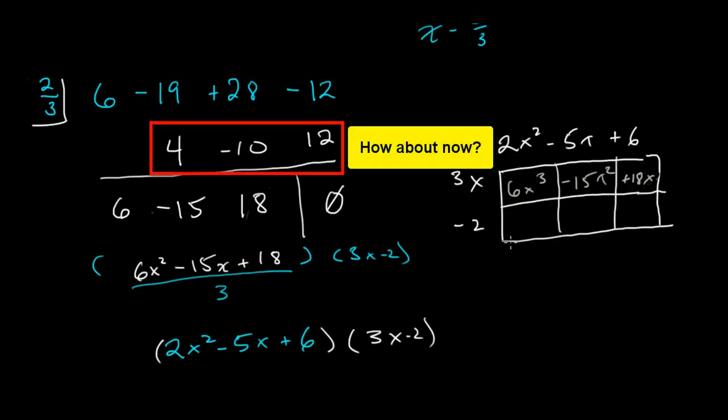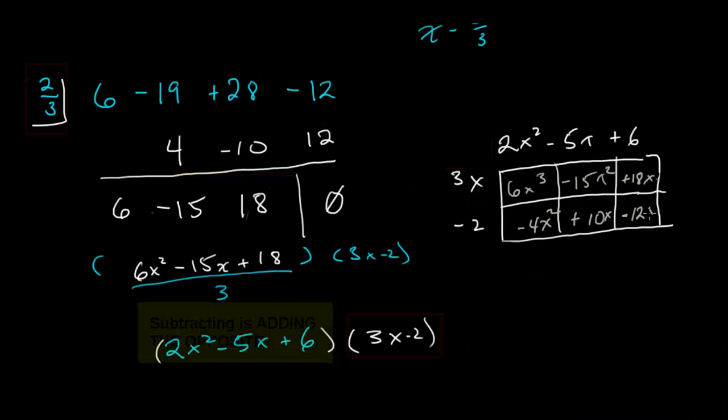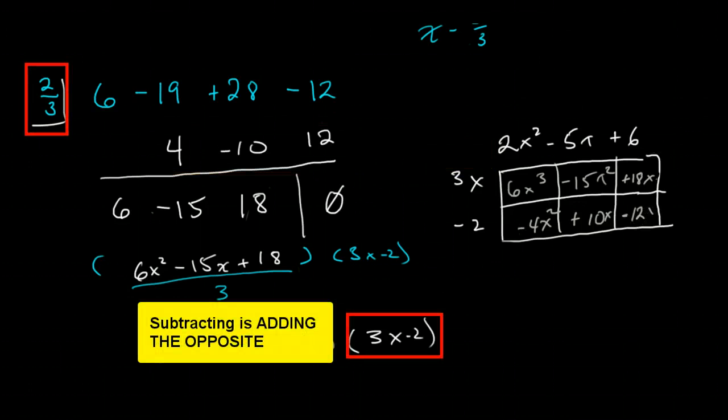Second term times first term is a negative 4x squared. Negative 2 times a negative 5 is a positive 10x, and a negative times a positive is a negative 12.